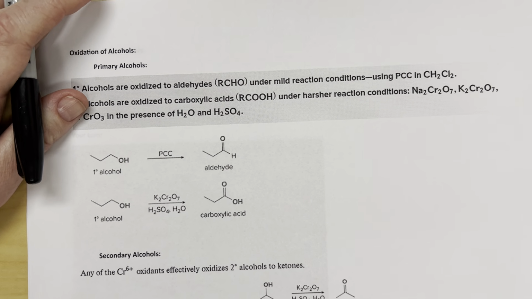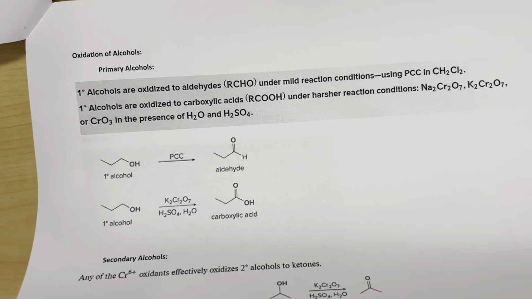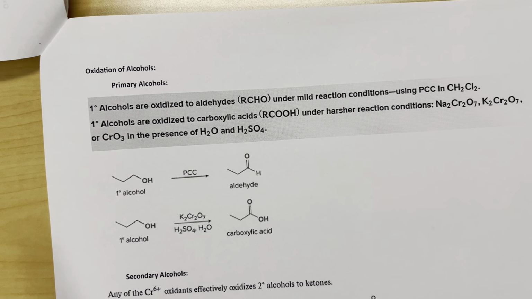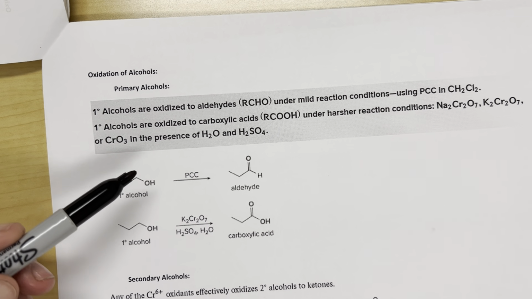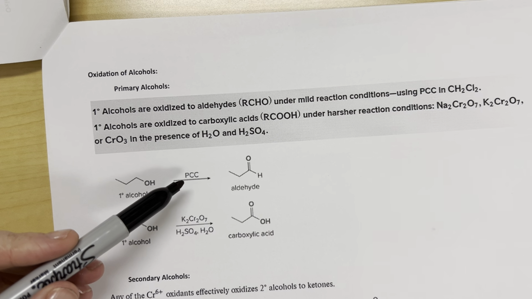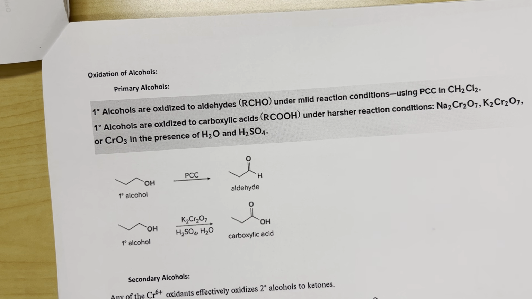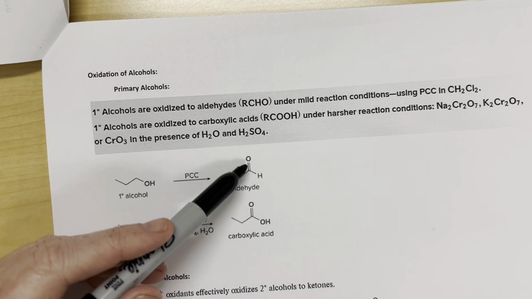Okay. So, it depends if it's a primary or a secondary alcohol. So for primary alcohols, if you take PCC, you can turn it into an aldehyde. And that's not too bad. So you get a regular primary alcohol, you turn it into an aldehyde.